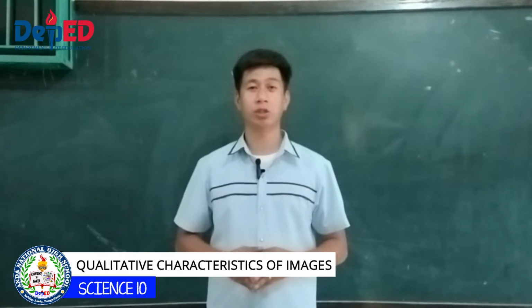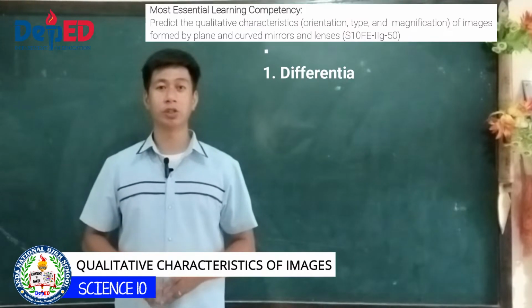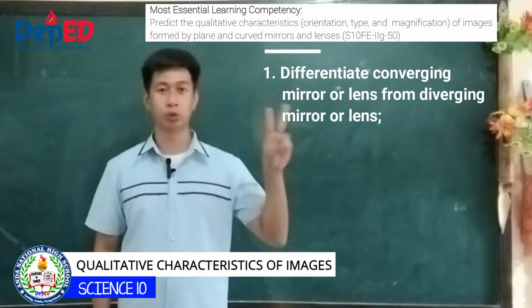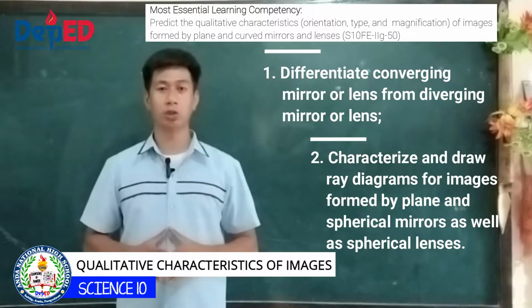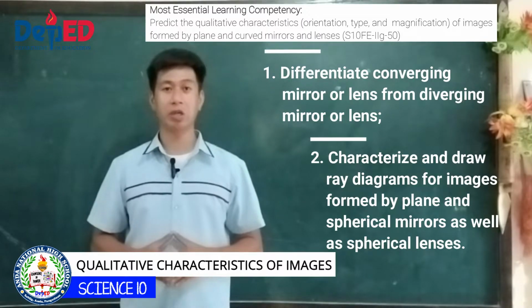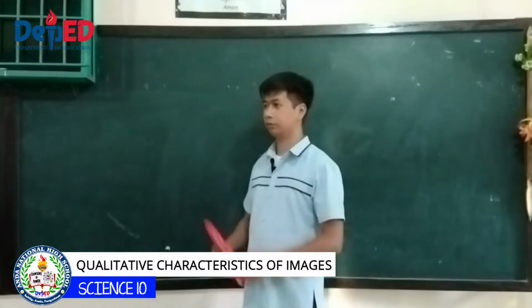After this lesson, you are expected to, number 1, differentiate converging mirror or lens from diverging mirror or lens. And number 2, characterize and draw ray diagrams for images formed by plane and spherical mirrors as well as spherical lenses.